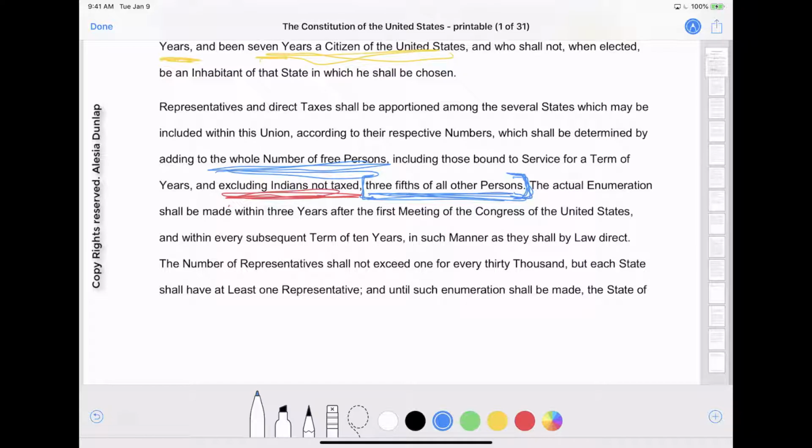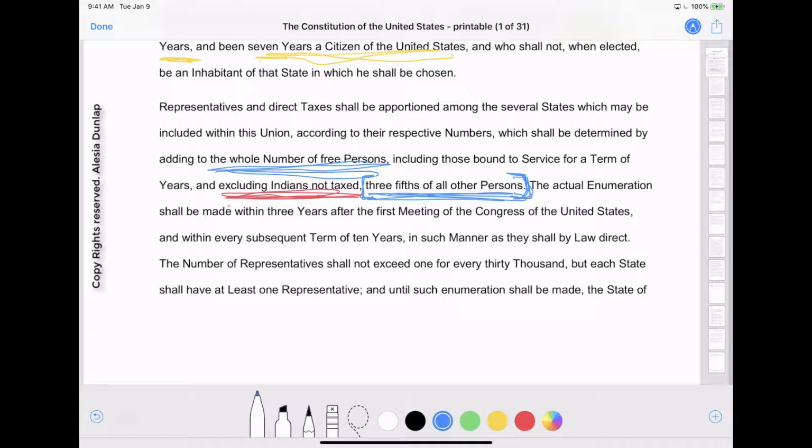It says representatives and direct taxes shall be apportioned among the several states which may be included within this union according to their respective numbers, which shall be determined by adding the whole number of free persons, including those bound to service for a term of years and excluding Indians not taxed, 3/5 of all other persons.